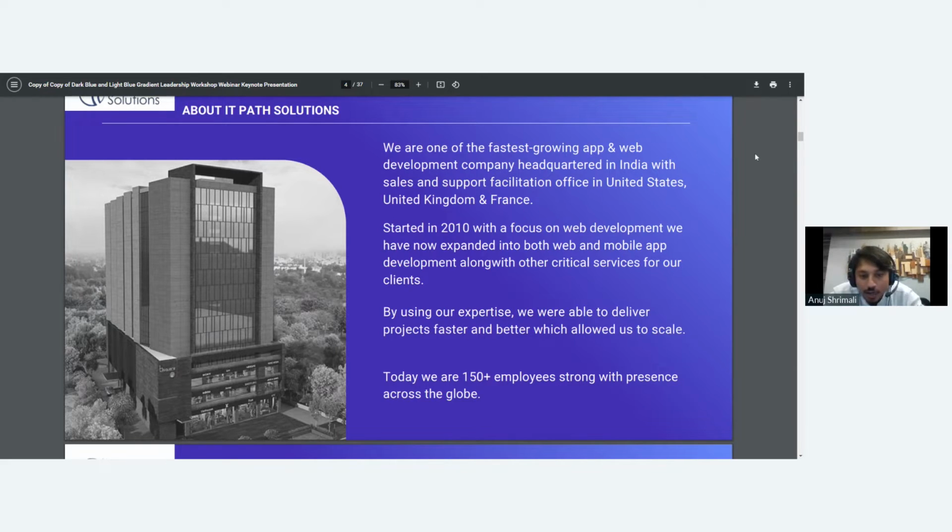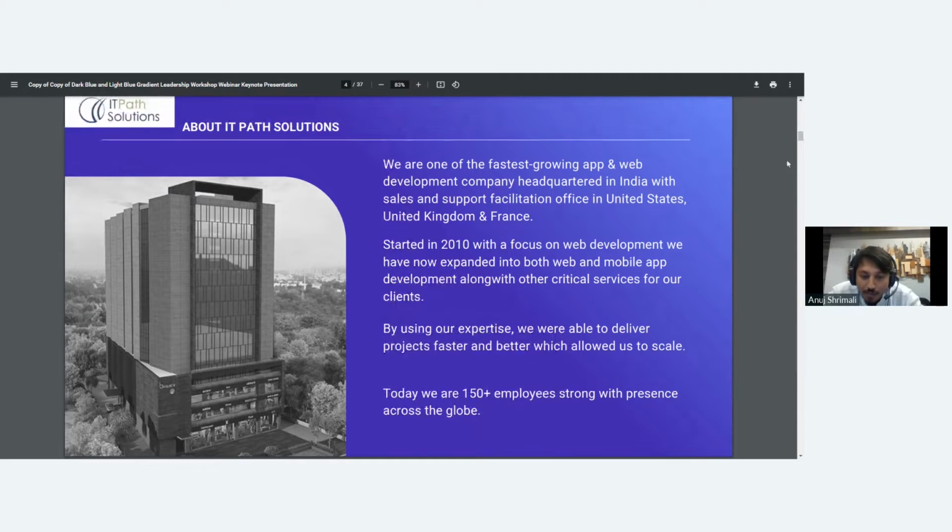Over the decade, we have worked with various profiles from different domains. Today we have 150 plus employees with a strong presence across the globe. That includes UI/UX designers, project managers, front end and back end developers, full stack developers, and QA as well.